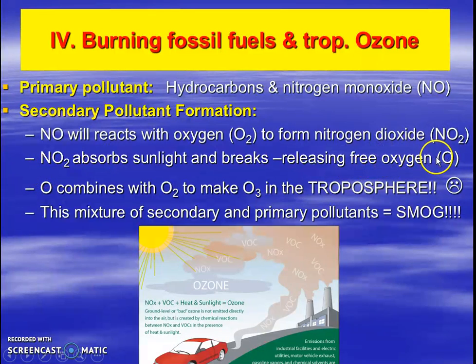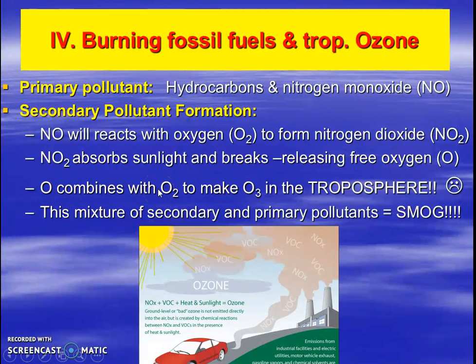Well, remember, when that radical O is bouncing around, even though it's now in the troposphere, because this is all a pollutant situation happening in the troposphere, that O will find a partner. And that partner that's really common in our troposphere is regular O2. If O mixes with O2, boom, they combine.